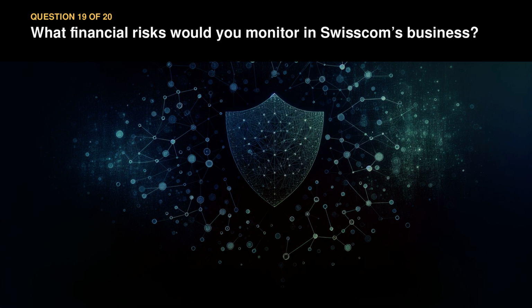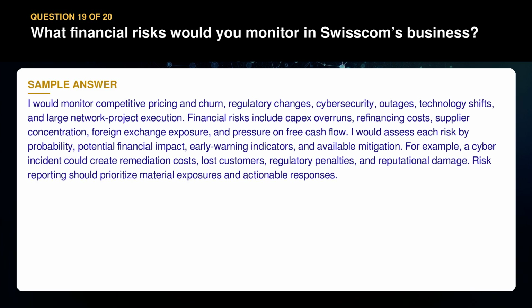Question 19. What financial risks would you monitor in Swisscom's business? I would monitor competitive pricing and churn, regulatory changes, cybersecurity, outages, technology shifts, and large network project execution. Financial risks include CapEx overruns, refinancing costs, supplier concentration, foreign exchange exposure, and pressure on free cash flow.